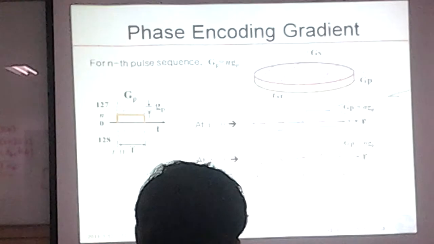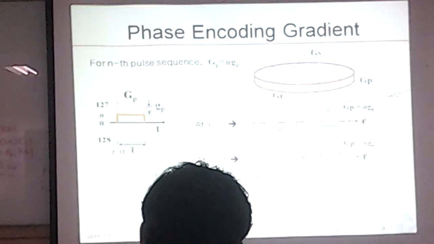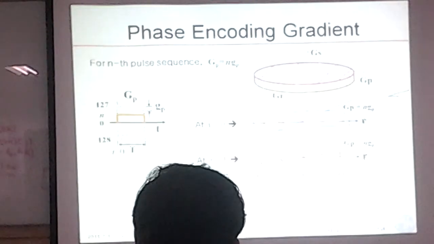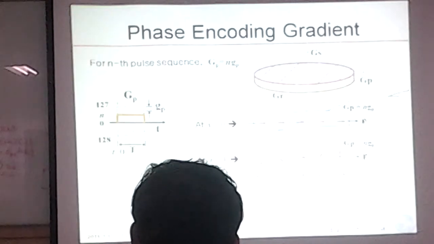At the center point, the spin has the same phase because the gradient field strength does not change. But for other positions, the phase encoding gradient determines the precession frequency. So, according to the precession frequency, the phase can be determined by the applied gradient field strength and the duration of the gradient pulse t.